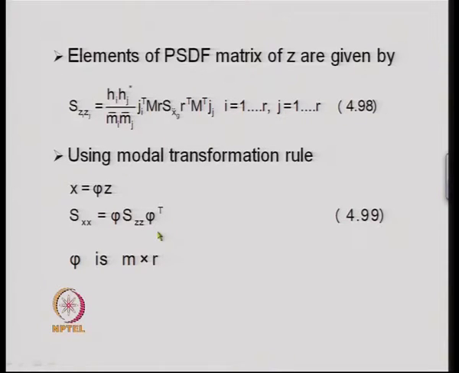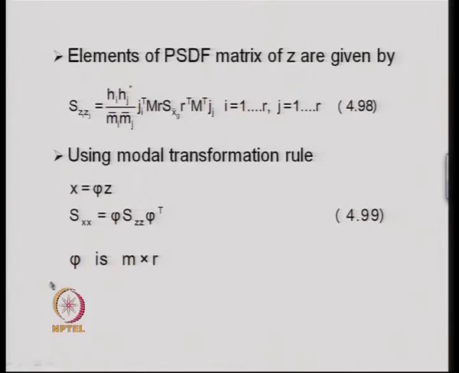Many a time we do not take all the modes into consideration. For example, here we are considering the modes 1 to r, where r is less than the number of degrees of freedom. So, in that case the phi matrix will be m by r, where m is the number of degrees of freedom and r is the number of mode shapes that are considered.